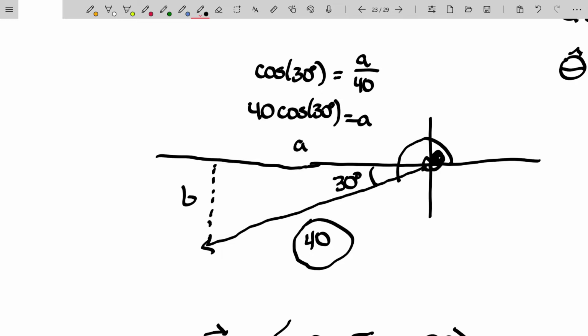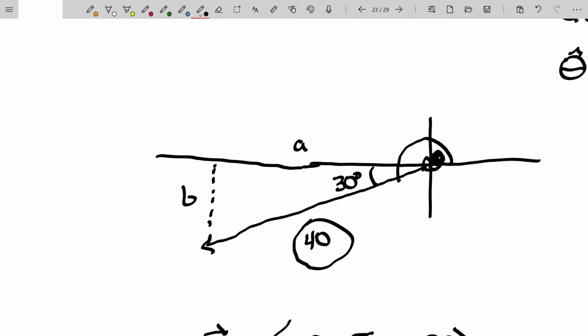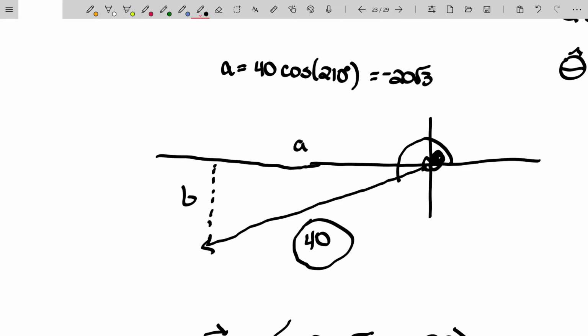However, you know it's negative in quadrant 3, so you could go ahead and stack a negative on there. Or you could memorize that theorem we wrote down a moment ago, and instead of using the reference angle, you could have just said, oh, well, a is just the magnitude of the vector times cosine of 210 degrees. And when you do that, you'll get negative 20 root 3.